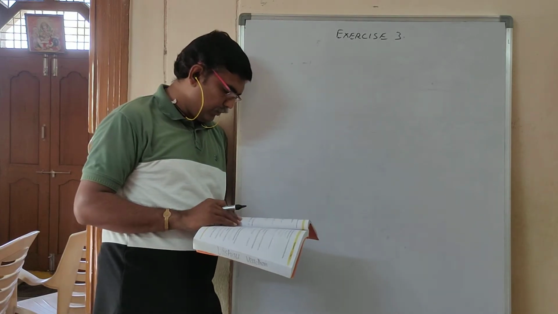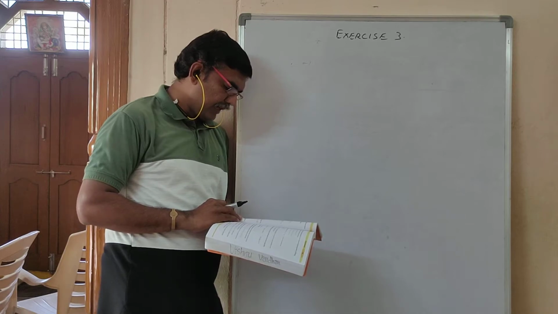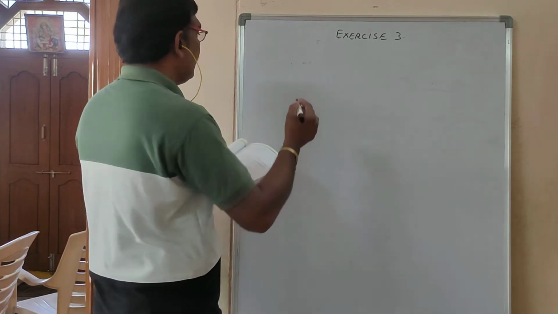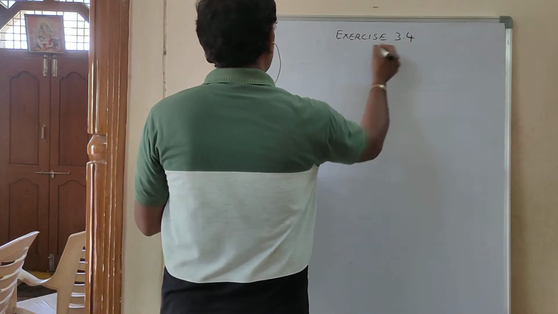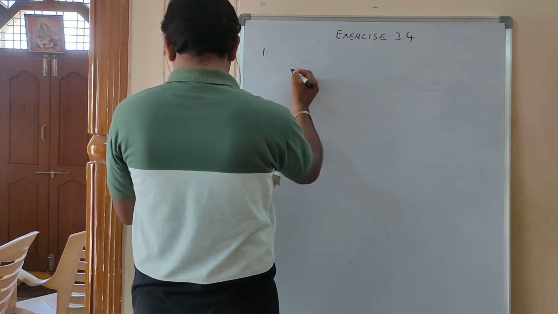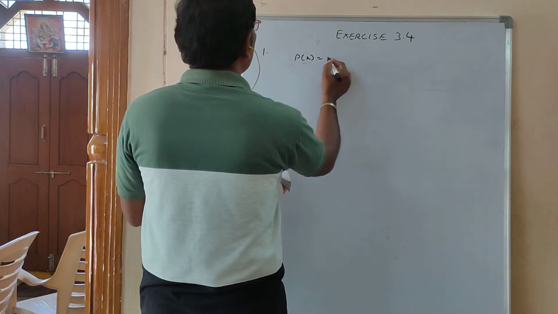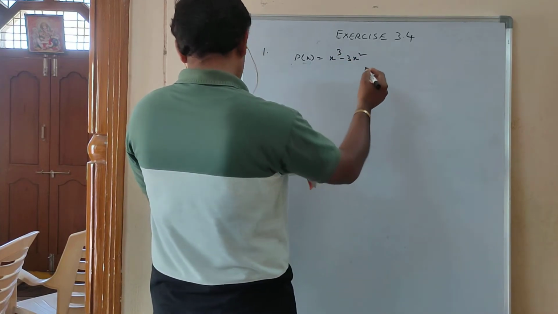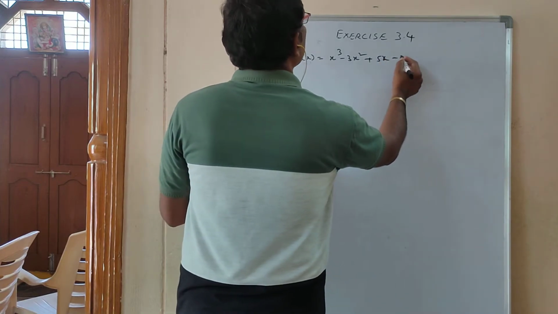Divide the polynomial p of x by the polynomial g of x and find the quotient and remainder in each of the following. So here p of x is given in exercise 3.4. First question, p of x is given. What is that? X cube minus 3x square plus 5x minus 3.